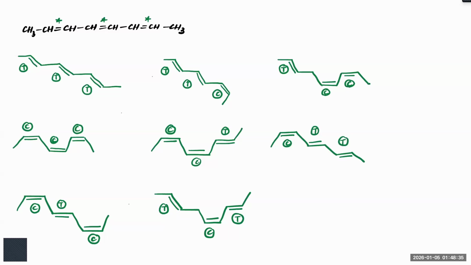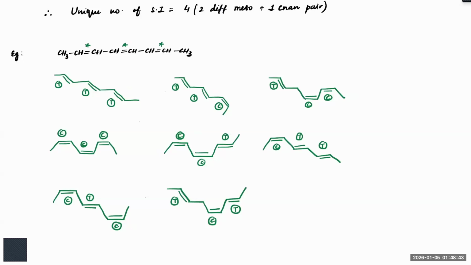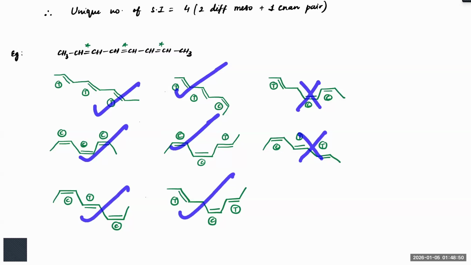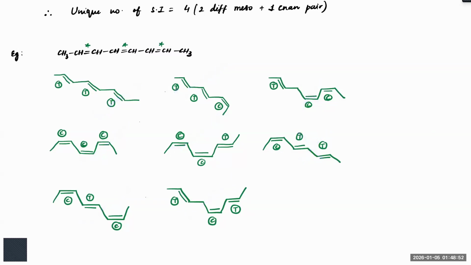So again, you can see these two are identical. Here, these two are identical. So therefore, symmetry will make these two repeated ones, so these two are unnecessary. So 1, 2, 3, 4, 5, 6. These six are completely unique, non-superimposable.